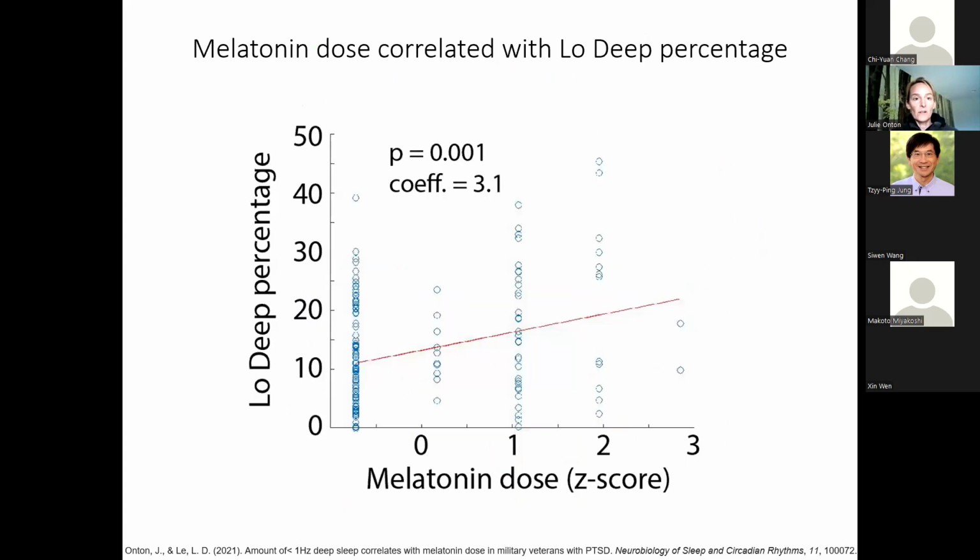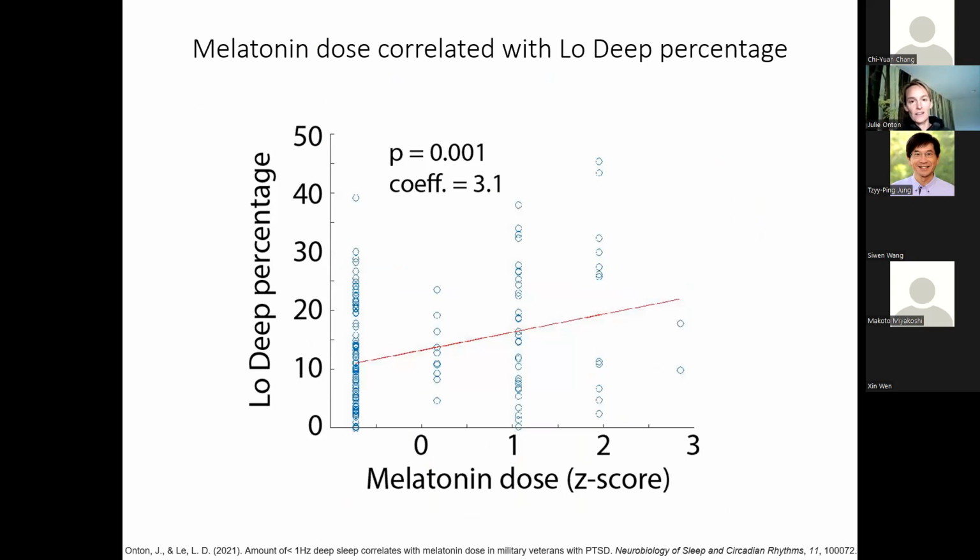But what I did find was that melatonin dose correlated with low deep percentage. So the higher the dose of melatonin they were taking, the higher their low deep percentage. I didn't find this in the first study because almost nobody was on melatonin in the first study.